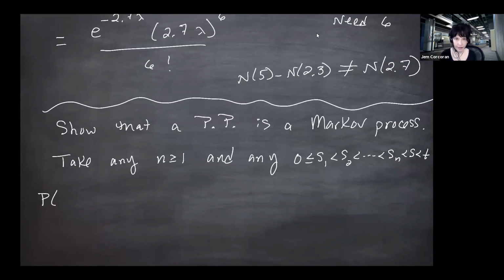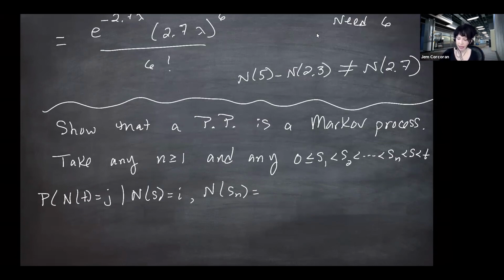This is the definition of the continuous time process. We want to look at the probability that N of t is j, given that N of s is some i, and the others are equal to some other values that I'm going to call In through I0. So N at time Sn is In, down to N at time S0 is I0.